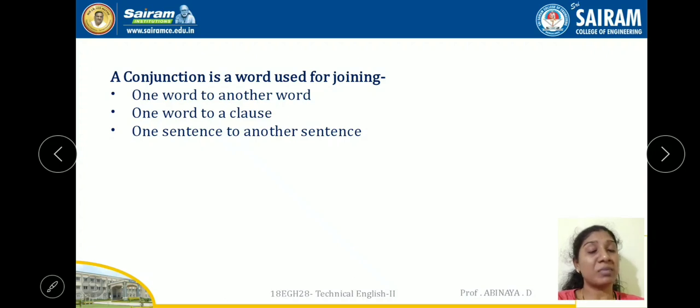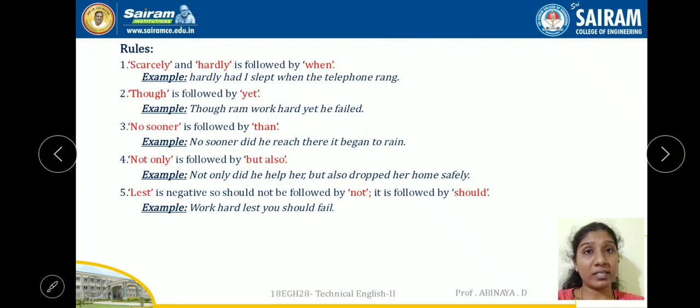To avoid those common errors, there are certain rules: which conjunction has to go with which word, and which verb comes in the sense, what conjunction has to come next. All these are in the rules. So we are going to see those rules to avoid common errors in conjunctions, and to make grammatically perfect English sentences.